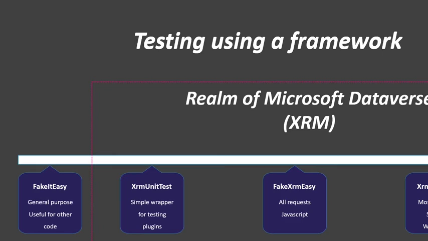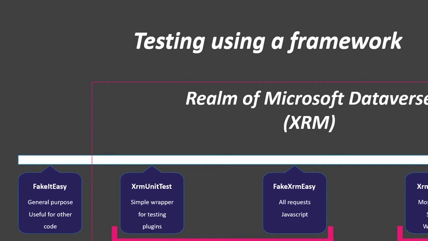So when I look at these testing frameworks, the way I see it is that XrmUnitTest and Fake XRM Easy are really good for unit testing. So if you want to test a single piece of the puzzle, or if you want to test a plugin and see that the logic you've written works, then you should go for that. And the way I view XrmMockup is it tries to be a local integration test.